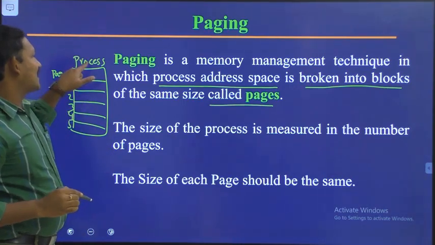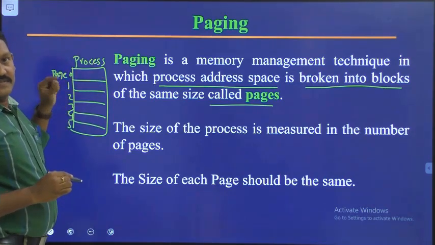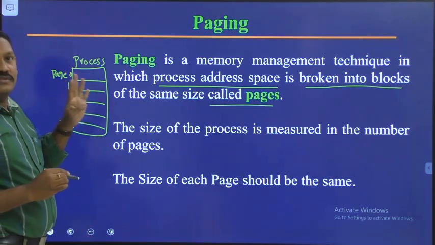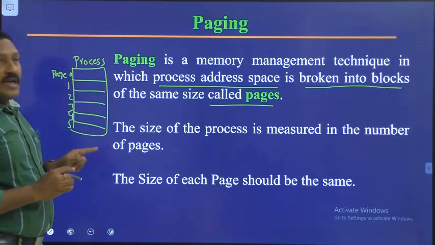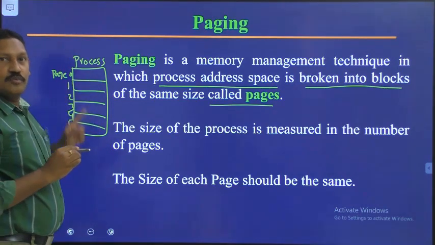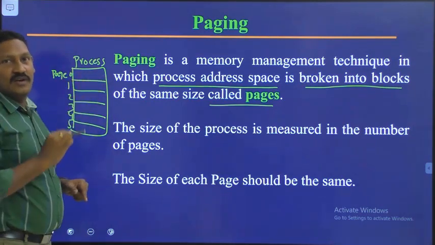Let us suppose this single process is divided into 6 pages and the indexing starts with page 0. And the size of each page should be one and the same, meaning the size of each page should be equal.